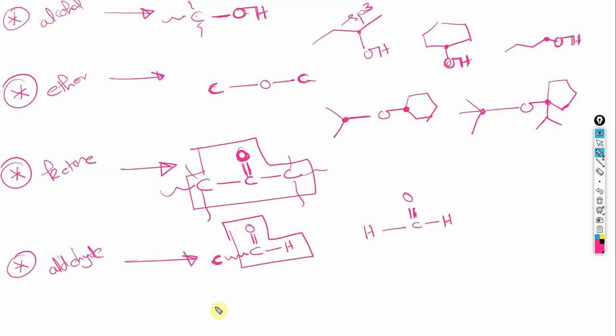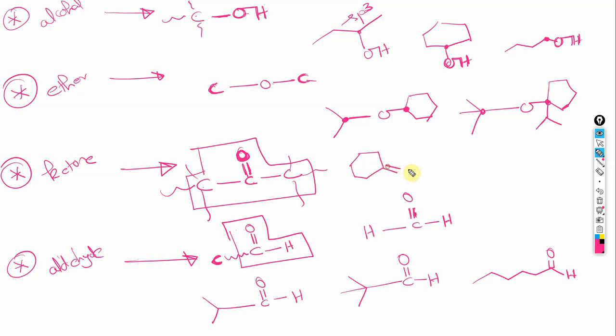Whereas for an aldehyde like this, I can have a structure like that, which is an aldehyde, or I can have that, which is also an aldehyde, or I can have that. So all these are aldehydes. Whereas for a ketone, both sides have to be carbon, remember. So this is a ketone because it's a carbon with a double bond O, and there's a carbon here, and a carbon here, that's a ketone.